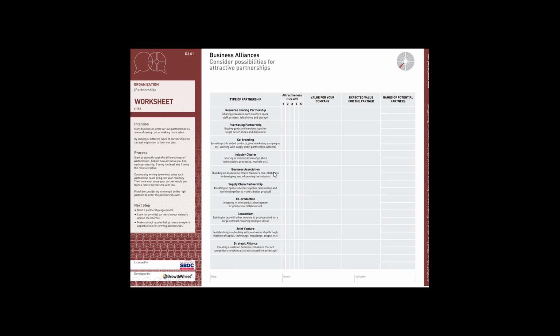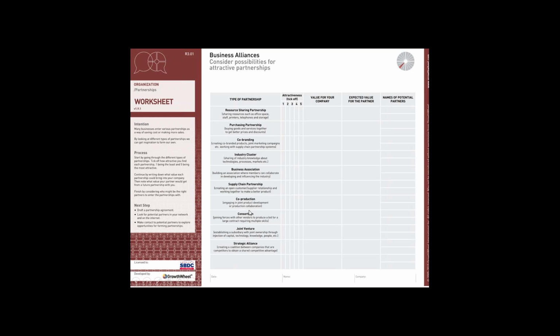What we're talking about here is influencing industry. Supply chain partnership is also about what I talked about earlier, creating an open customer-supplier relationship, and that allows you to get feedback to improve your products as well as opportunities to serve in the supply chain.